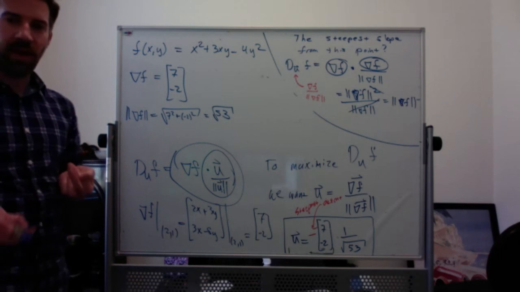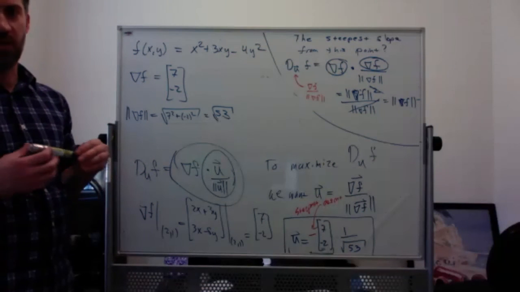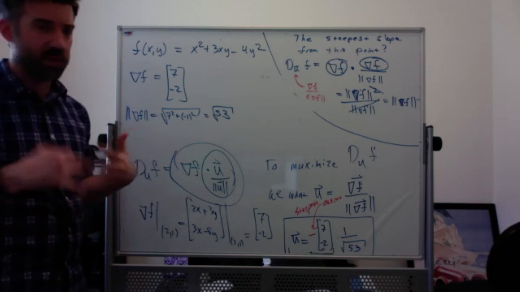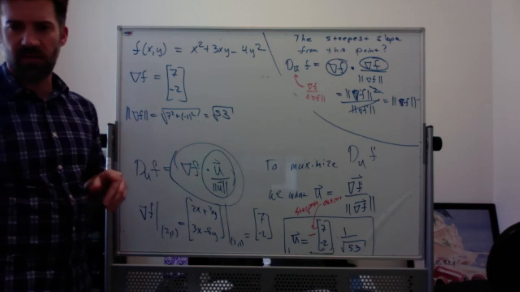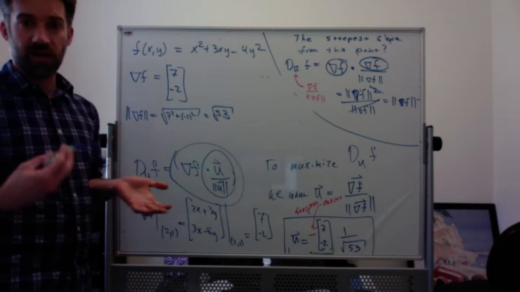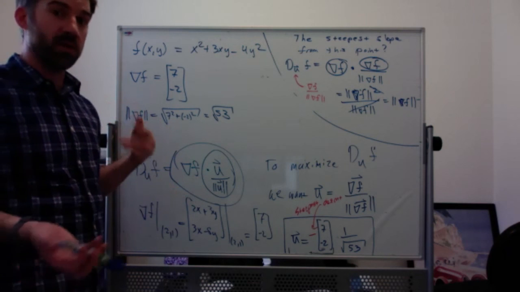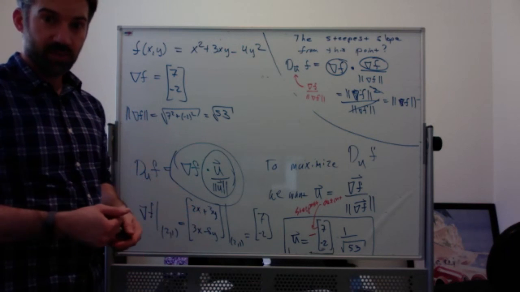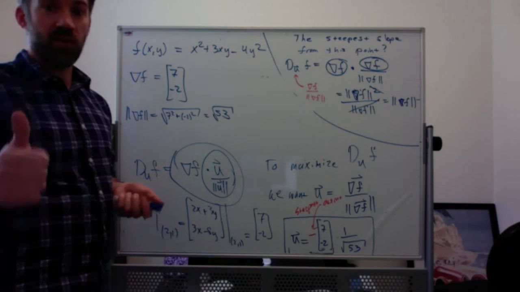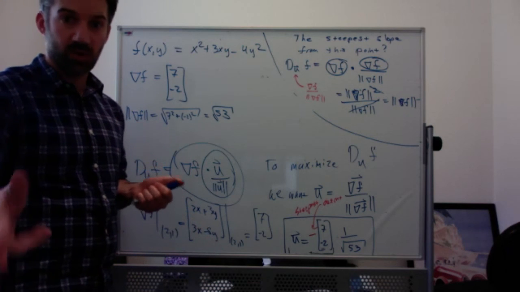I wanted to talk about maxes and mins, but I think we've run out of time. So Wednesday, my plan at least, and obviously if you guys have questions, ask them, and if you want me to make a video or two, let me know. But my plan for Wednesday is to start talking about finding maxes and mins and saddle points of three-dimensional surfaces, so we're going to have to use the first and second partials and the mixed partial to do that.